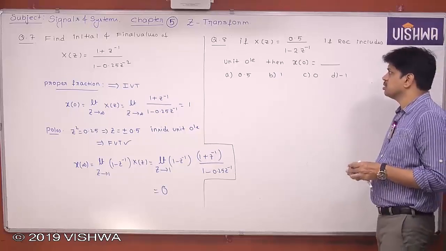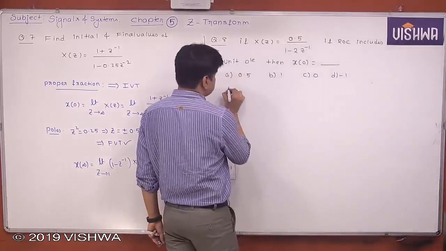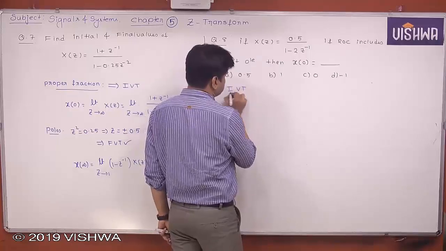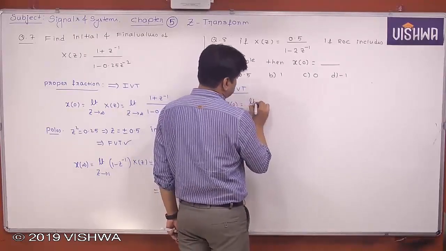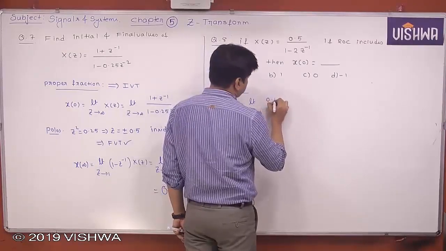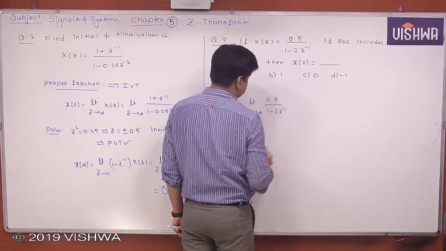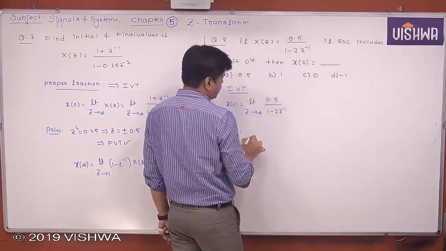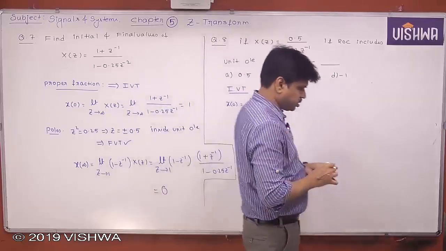Let's say if I apply the initial value theorem, small x of 0 is equal to limit z tends to infinity 0.5 by 1 minus 2 z inverse. Directly we are going to get 0.5, which is a wrong answer.